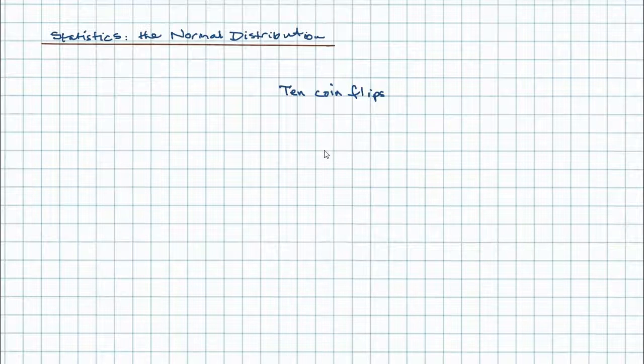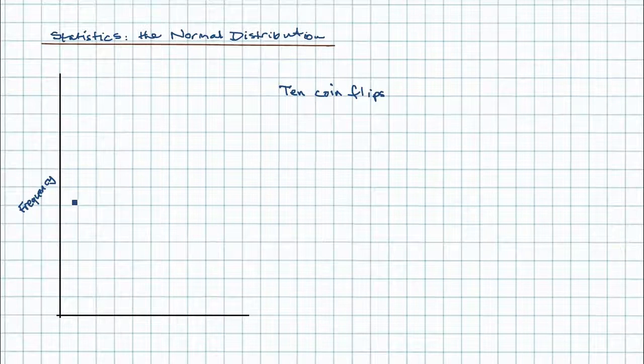So the graph will be very similar to the Galton machine or the bean machine that we were looking at in the first example. But this time what we're going to do is actually calculate the frequency. So on the vertical axis here, let's label this frequency. And in fact, because I know that with 10 coin flips, if we're looking at the number of heads, that frequency is going to get quite high.